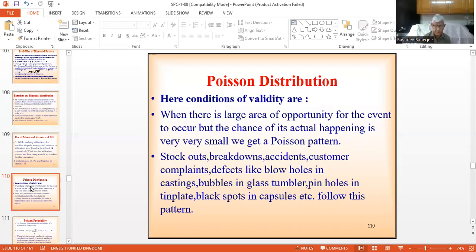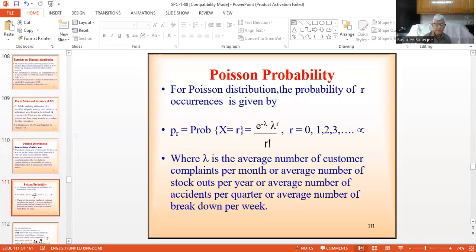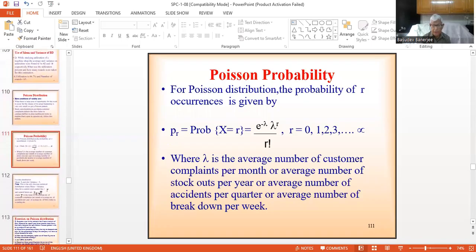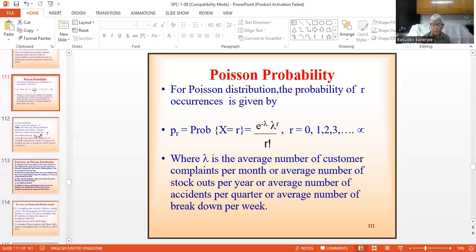These follow this pattern. Here the probability distribution is: probability X equal to r is e to the power minus lambda, lambda to the power r by r factorial, with r running from 0, 1, 2, 3 up to infinity.